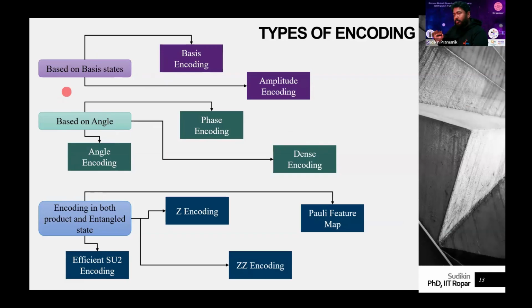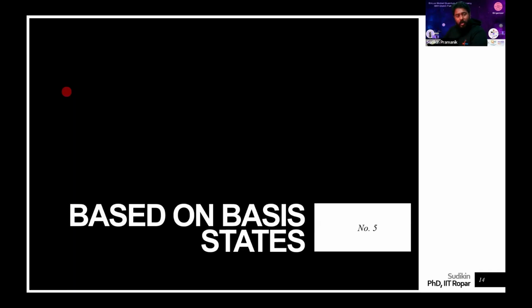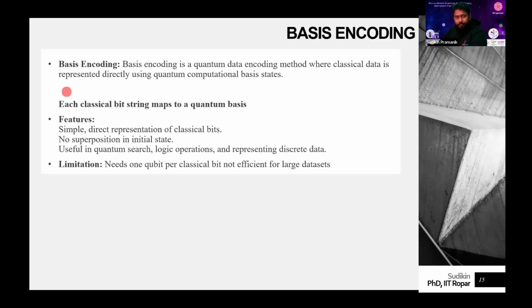First thing is you need to convert the data to quantum data. So first, on the basis of states, we have basis encoding. Basis encoding is a quantum encoding method where classical data is represented directly using computational basis states. Now what do I mean by computational basis state?